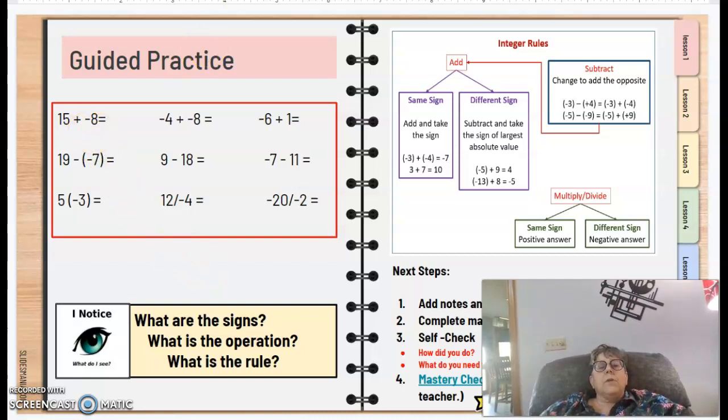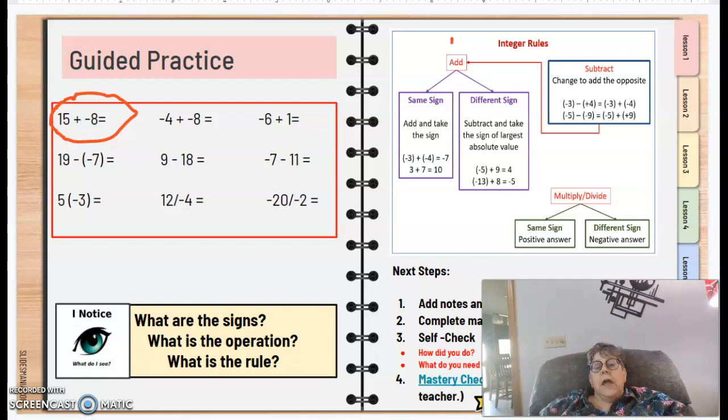So we're going to solve a couple of these together. The first one I'm going to circle, and I'm going to go through the I notices. What are the signs? We have a positive 15 and a negative 8. What is the operation? The operation is addition, and they have different signs.